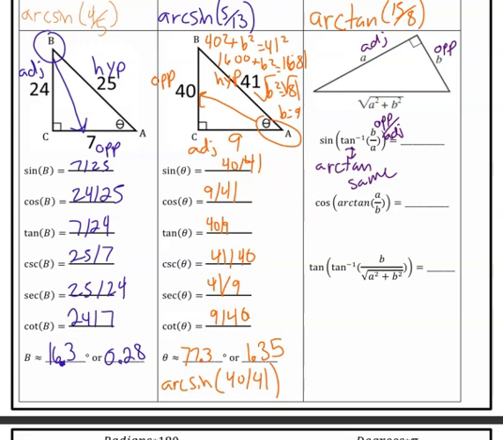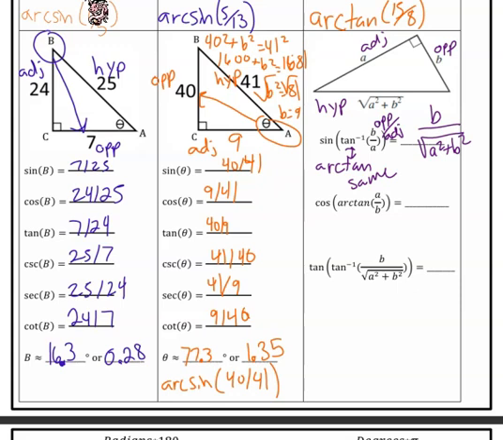Sine is opposite over hypotenuse. Hypotenuse is the longest side. So that means that sine of this value right here is going to be B over the square root of A squared plus B squared.